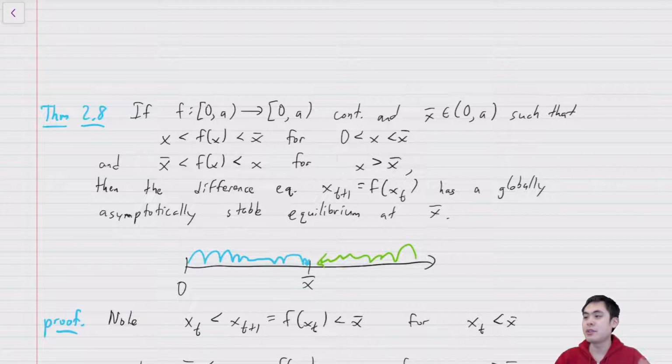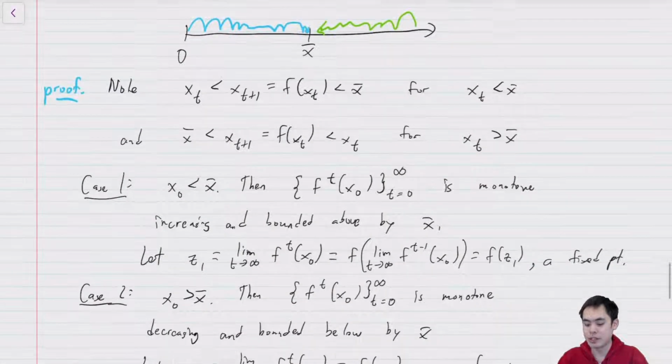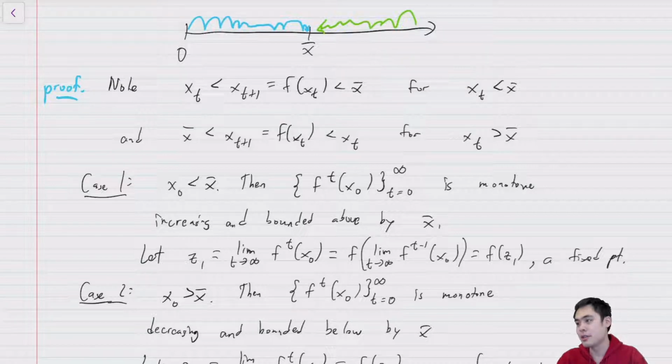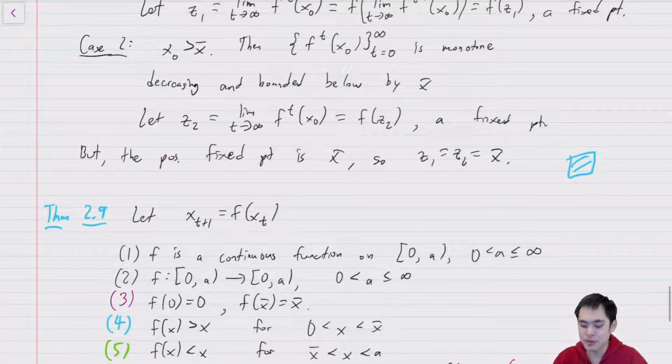The additional condition that we have here is that it's still less than x bar, or it's still greater than x bar. That condition allows us to say that x bar is automatically a globally asymptotically stable solution because everything's going to it in both directions, and you only have one positive fixed point. 0 is also a fixed point, but we don't really care about that one as much.